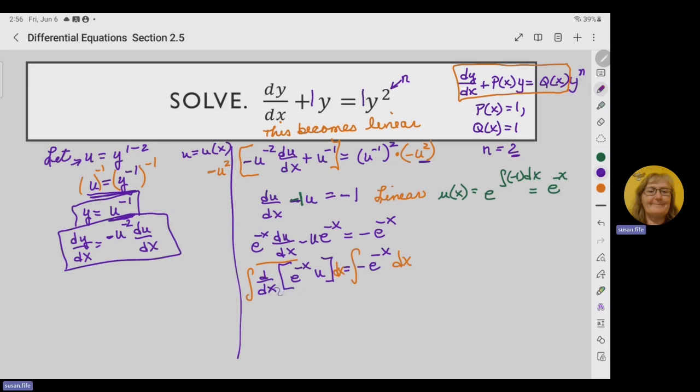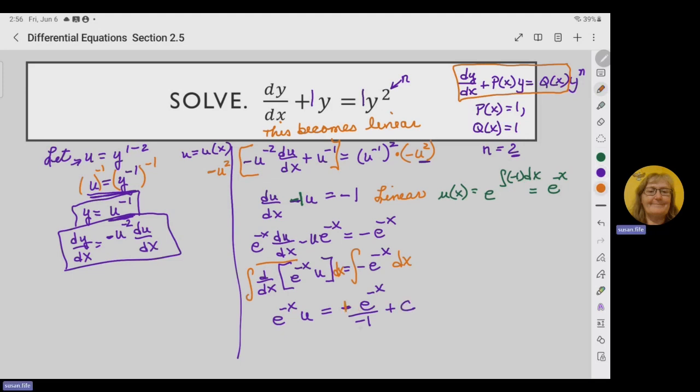On the left side, the derivative and the integral cancel out to give us e to the negative x u. On the right side, that negative carries, and when you integrate e to the negative x, you get e to the negative x divided by negative 1, and then plus c.